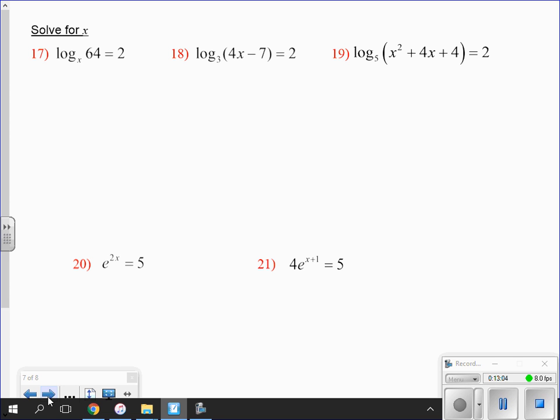There's no getting around that. Log base x is a tough one, but it's really not too bad. Rewrite it as an exponential. X squared equals 64. X equals 8.